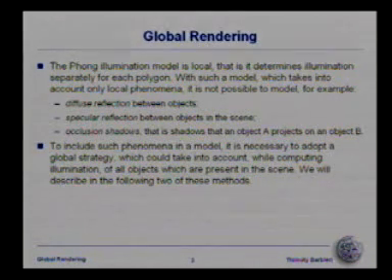These models are called global rendering models. They're called global because at every step, at every time, they consider globally the whole environment in order to calculate a realistic shading.